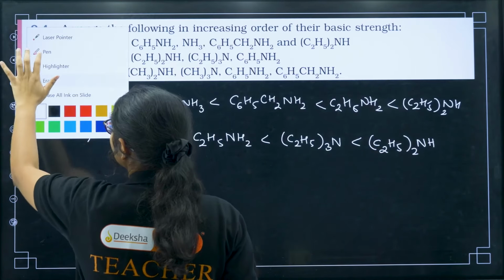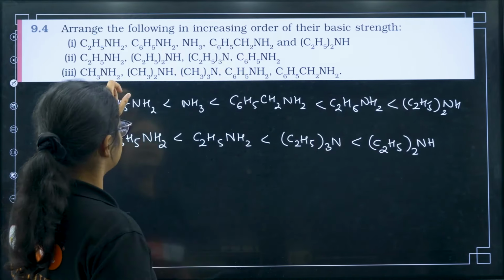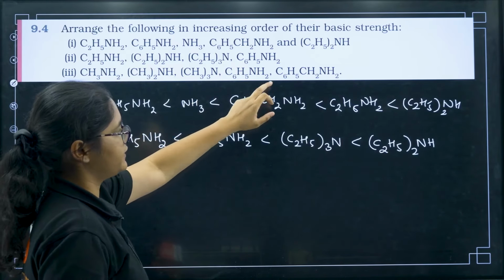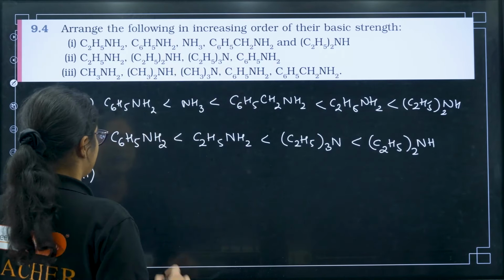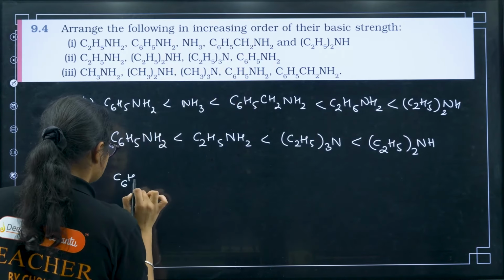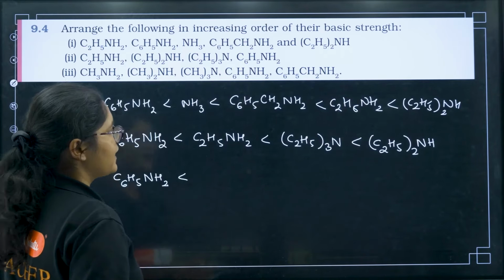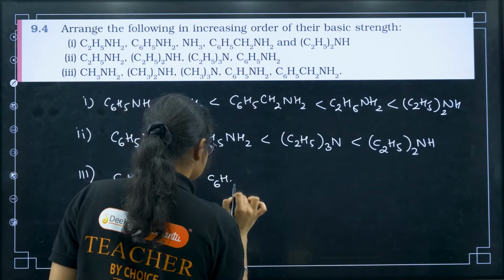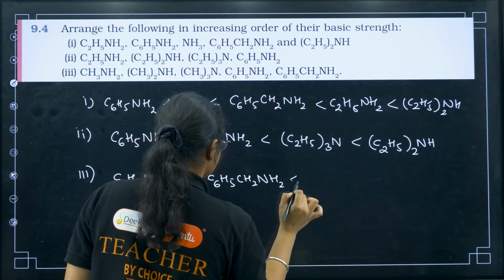Next we have CH3NH2, (CH3)2NH, (CH3)3N, C6H5NH2, C6H5CH2NH2. Again we have this aryl amine, so it will be the least one, C6H5NH2. Next we have C6H5CH2NH2.